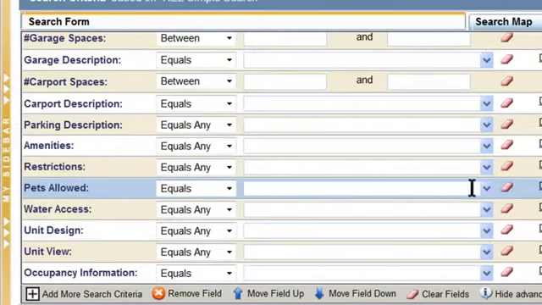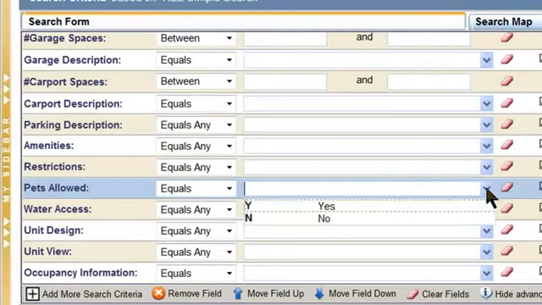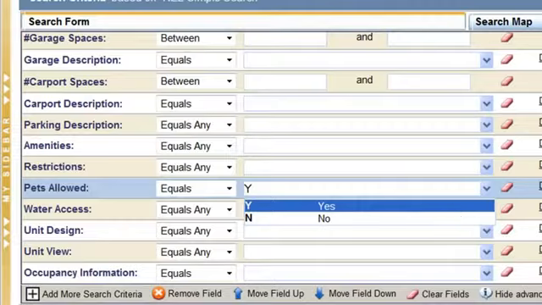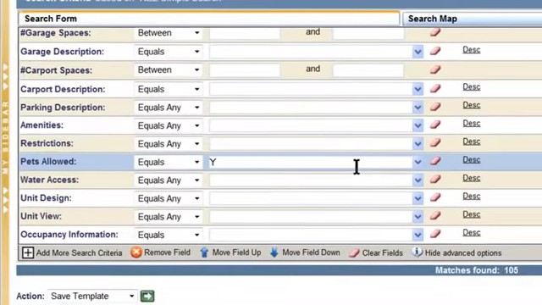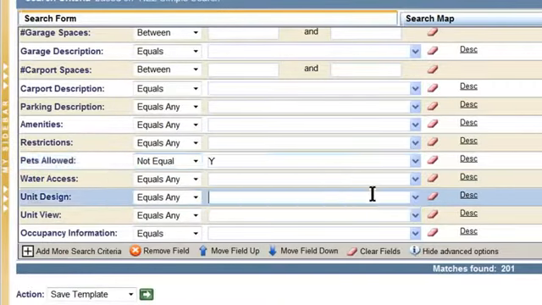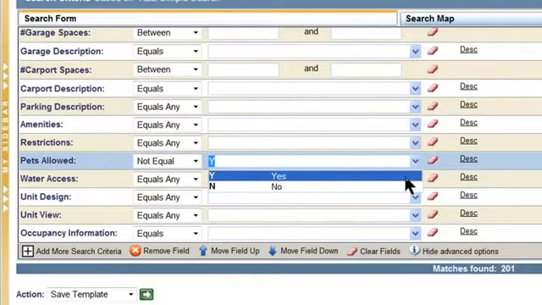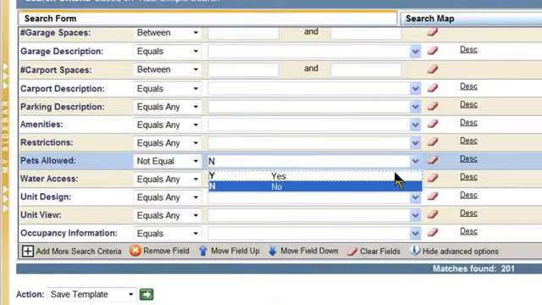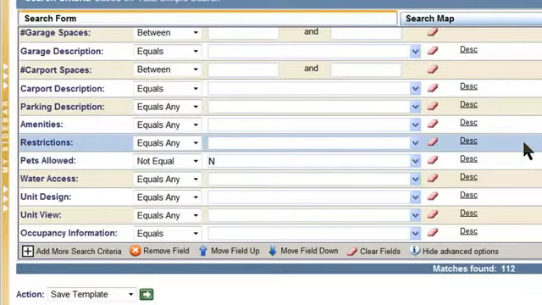They'll put in equals, which is the default, and then they'll put in yes, pets allowed. When you do that, you're going to find 105 matches, but that's not all of them, because if you go to not equals and then check off no, which is really saying the same thing, you've got 112.